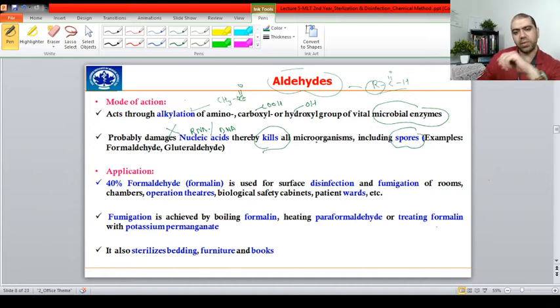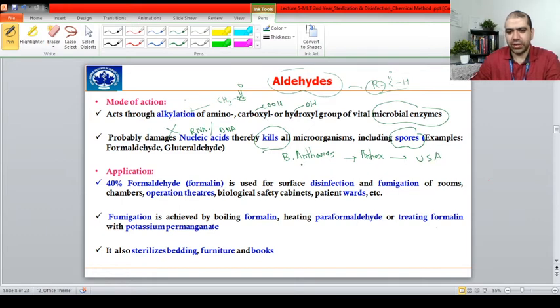There are many gram-positive bacteria which form spores. One example I can give is Bacillus anthracis, a spore-forming gram-positive bacteria, and it causes anthrax. Once these anthrax spores were enveloped and used in the form of bioterrorism, and they were delivered to the president of the USA of that time.